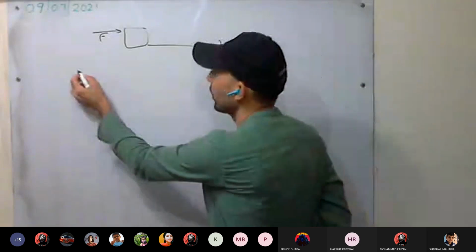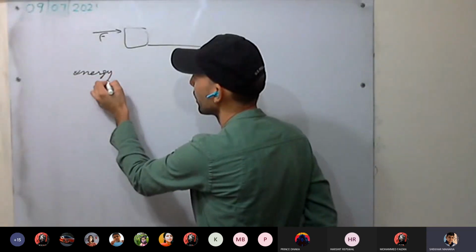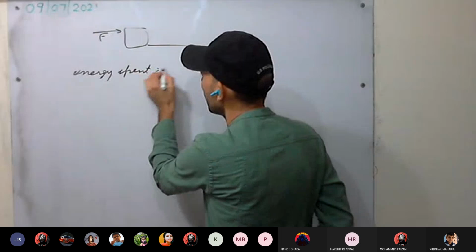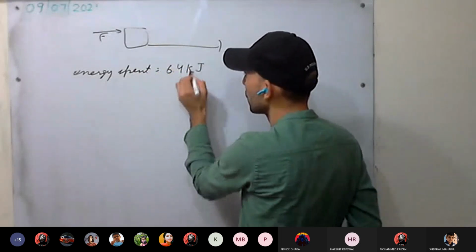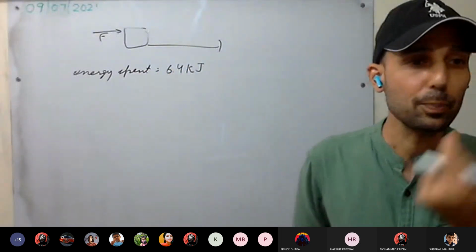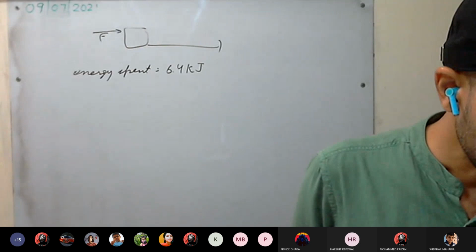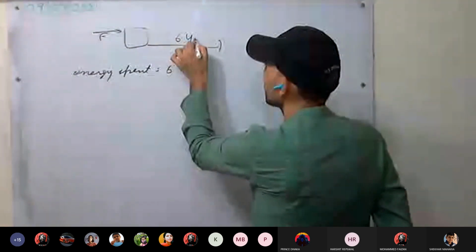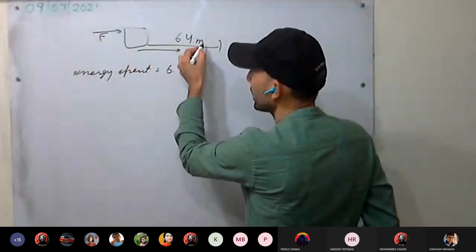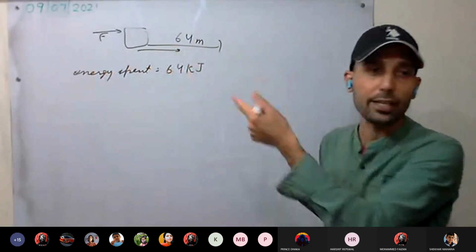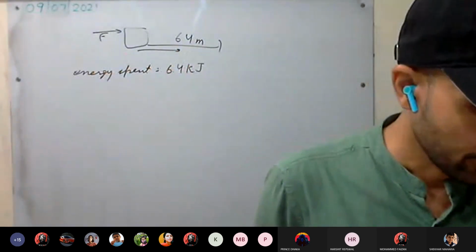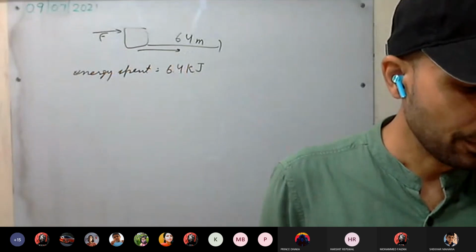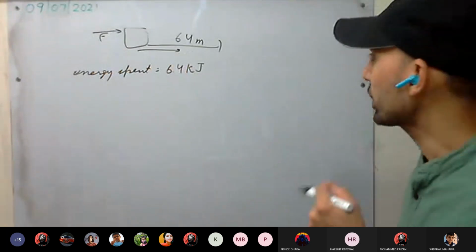So energy spent is 6.4 kilojoule, in displacing the body by 64 meters in the same direction as the force is being applied. Now calculate the force applied.